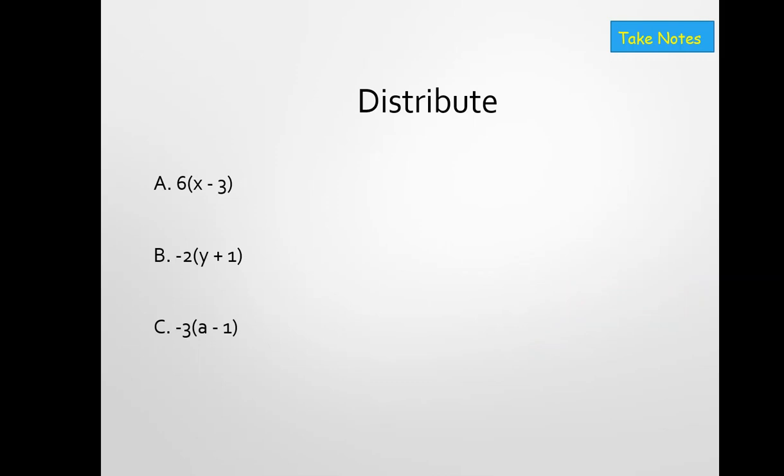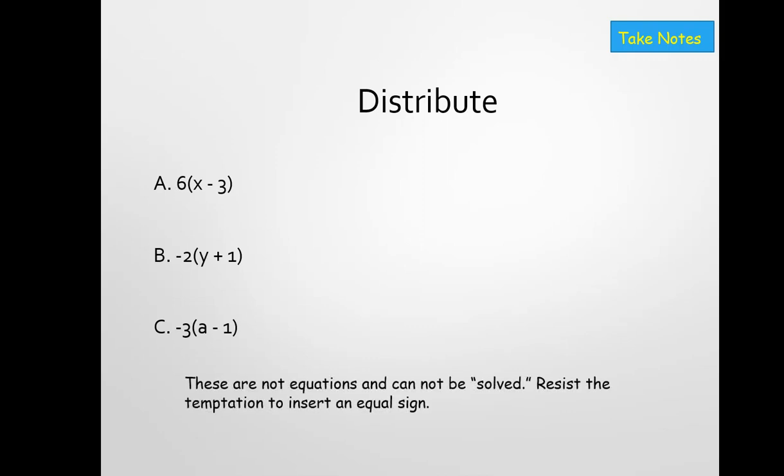Now, again, we have our take notes, so we're going to distribute. And I want you to go ahead and do this on your own. Pause the video right now. When I say pause the video, carry out that distribution. Figure out what this whole expression looks like after distributing. Note, these are not equations and they cannot be solved.